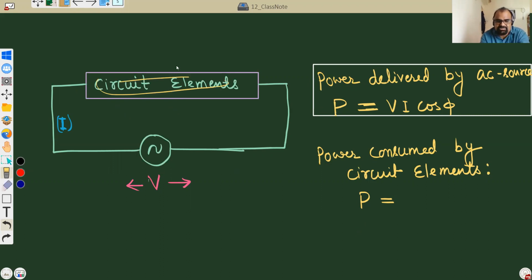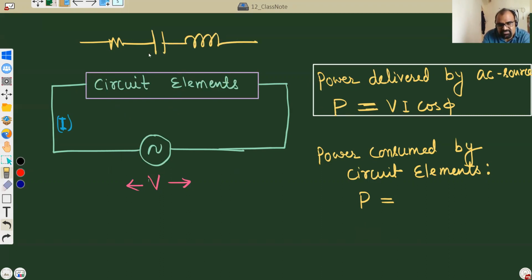Inside this circuit element, suppose there is a resistor, a capacitor, and an inductor, and the current is flowing through it. A resistor will consume power. But a capacitor will not consume any power, even though current is flowing. An inductor also doesn't consume any power on an average. So the power consumed by the circuit elements will be simply I square R.